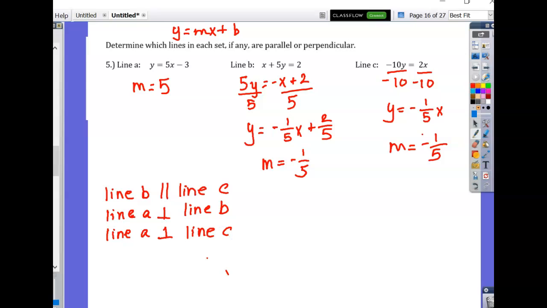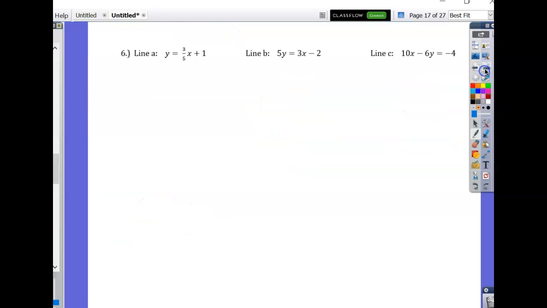All right, so you can try the next one and then check your answer. Here, when I pull it out, my slope is equal to 3/5. When I divide by 5 here, I've got y = 3/5 x - 2/5, so my slope here is also 3/5.